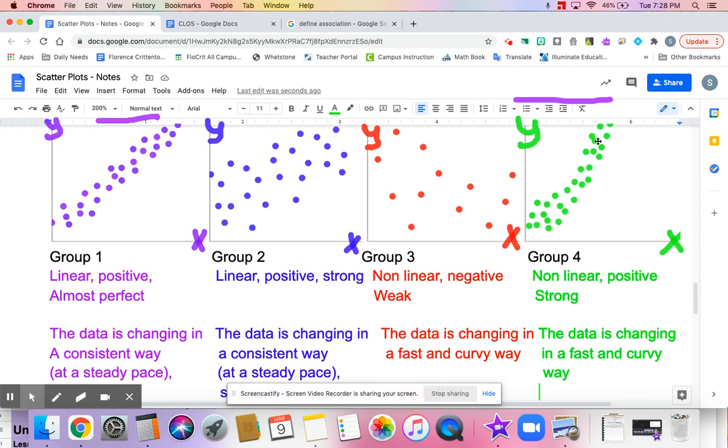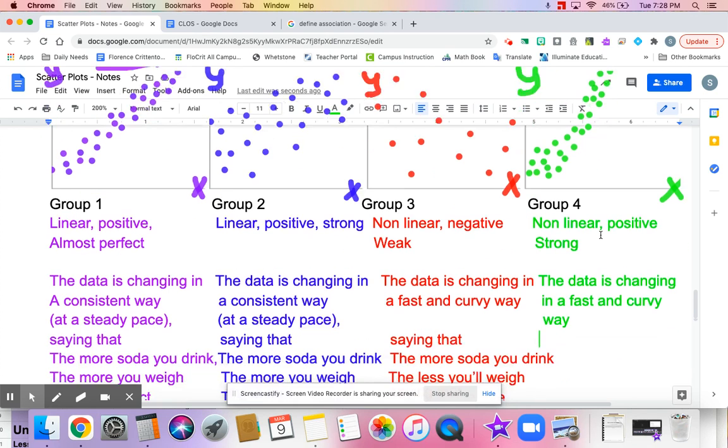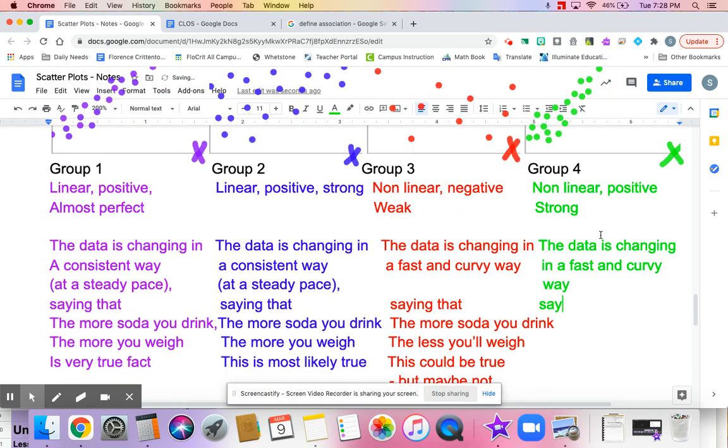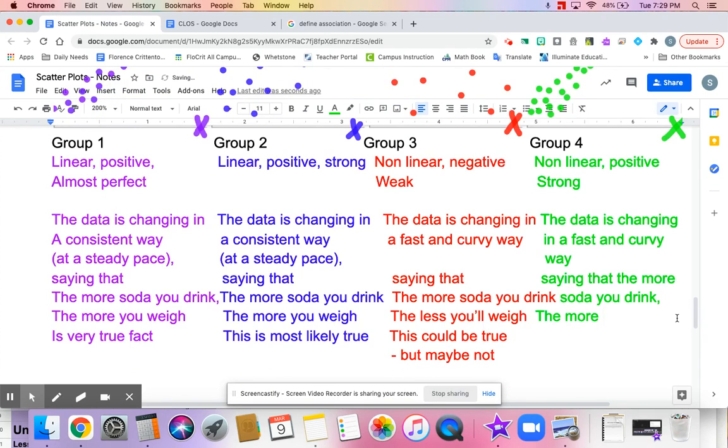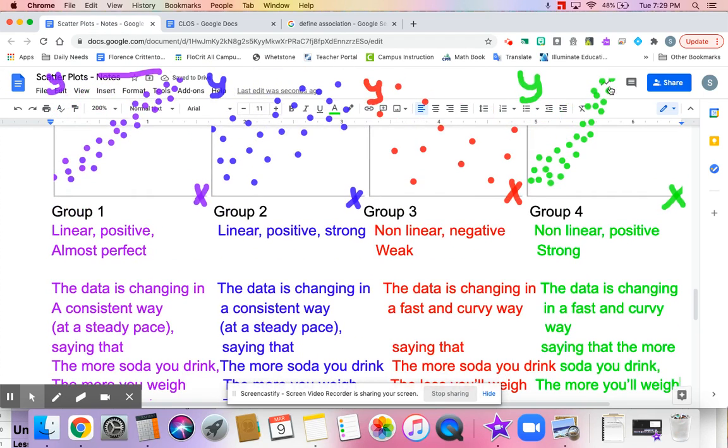Over time, with more soda you're drinking, the weight's going up with this set of data. The more you'll weigh. Because this one's going up over time, so with more soda, you'll have more weight. And that's the positive part.